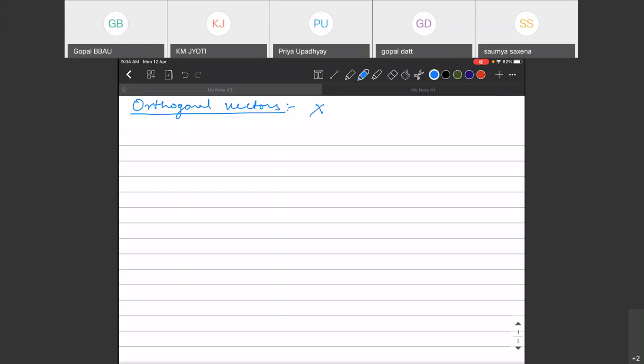Suppose we have an inner product space X, and two vectors, say x and y in X. x and y are said to be orthogonal to each other, we write x is perpendicular to y, if the inner product of these two vectors is 0.